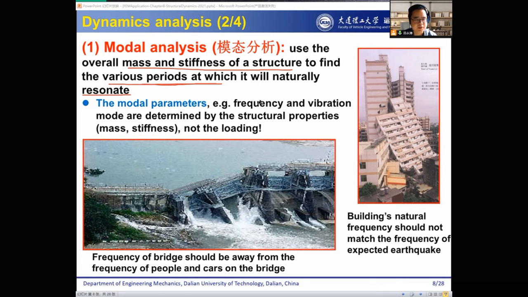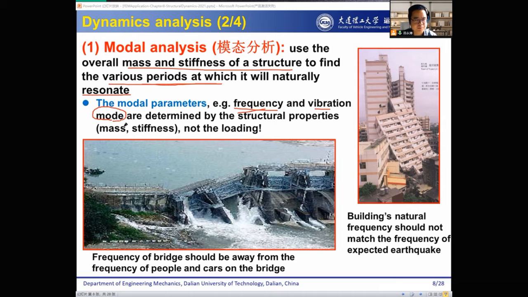The modal parameters, for example the frequency and the vibration mode, are determined by the properties of the structure. So from the modal analysis, our aim is to find the frequency and the vibration mode of the structure, and you should also pay attention to the concept.